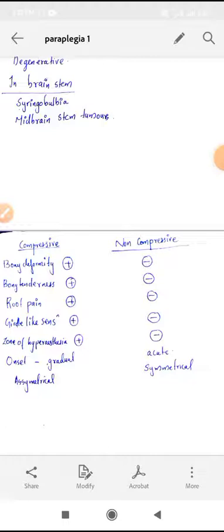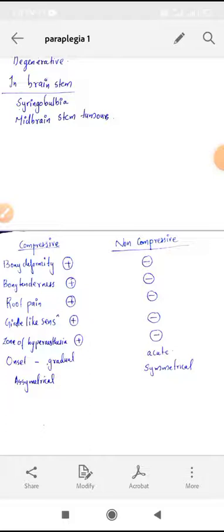Next is the girdle-like sensation. A girdle-like sensation is a burning sensation in a small, localized area, like the area where we wear a belt. It is present in the compressive type of lesion and absent in non-compressive.